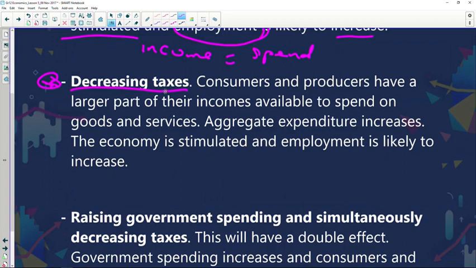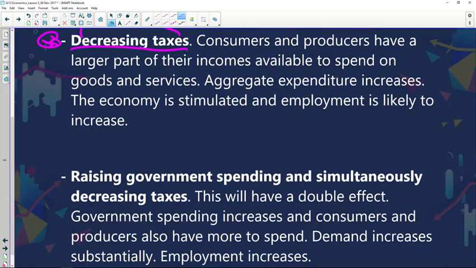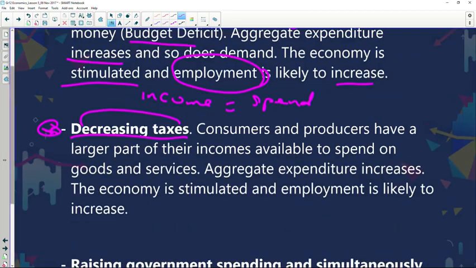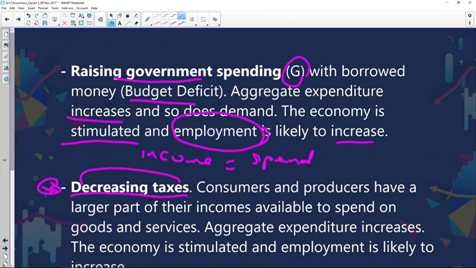You decrease your taxes, but also raise government expenditure to make sure that the economy is stimulated and that consumers have more income in their pockets to spend, because if they spend, it means there is more economic activity, and that will mean that employment is likely to increase as well.